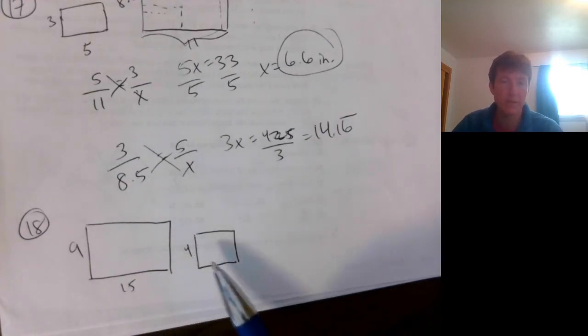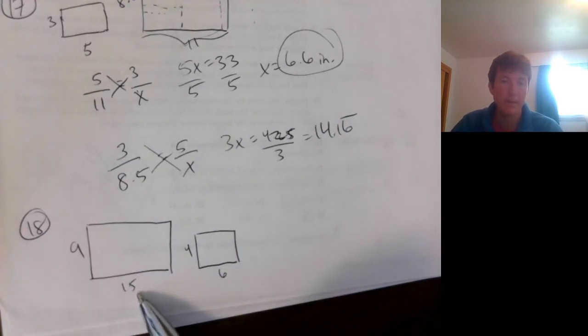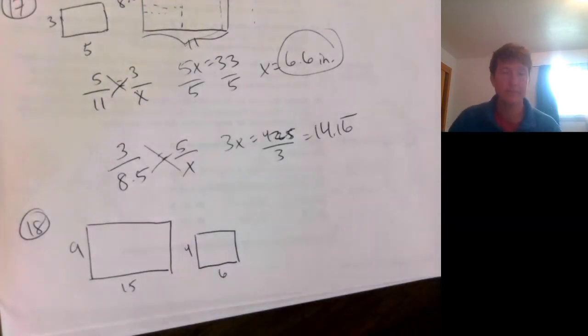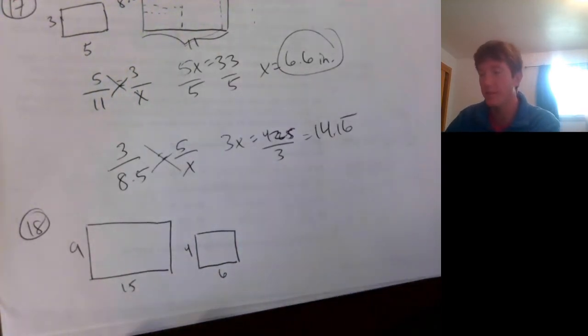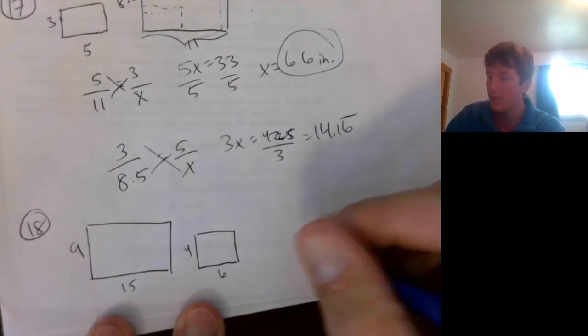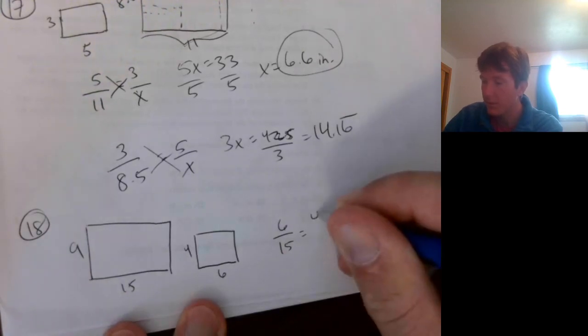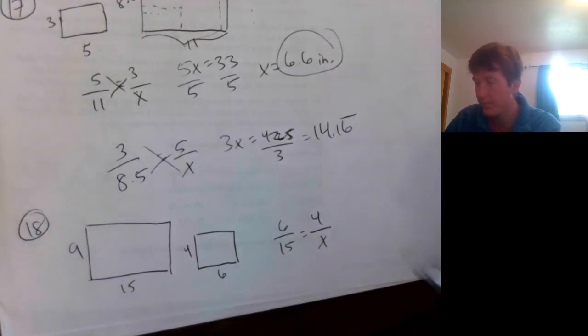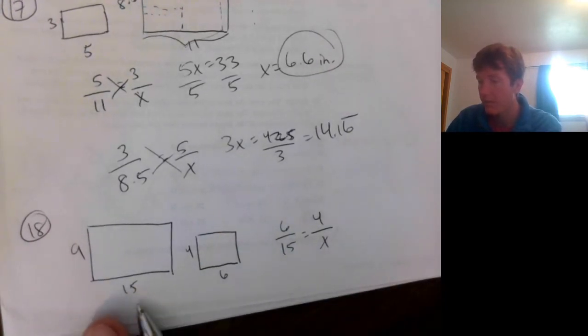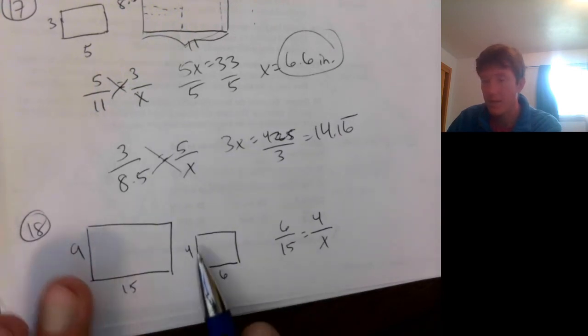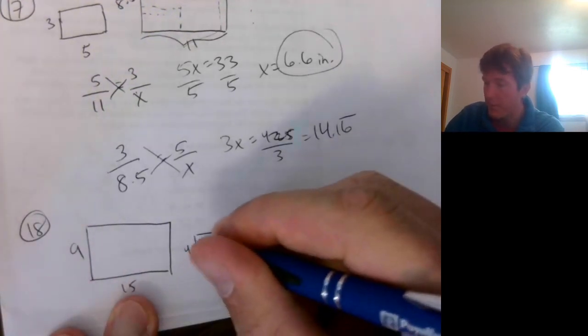I want to fit it on a 4 by 6 card. The base is bigger, so I'm going to run with the base here. I'm going to use 6 over 15 is equal to 4 over x. So I'm going to fill up the entire base, but the height's going to be a little bit, there's going to be like a border up here.